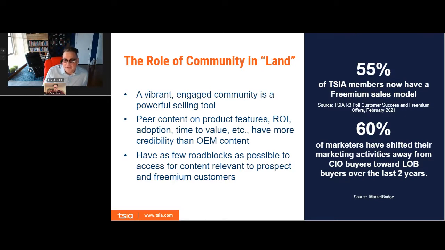But if they find a community that embraces them, is supporting them, they know if they roll this technology out enterprise-wide, there's going to be a lot of assistance from the peers out there to make them successful. I think it's just a critical part of the whole land motion.